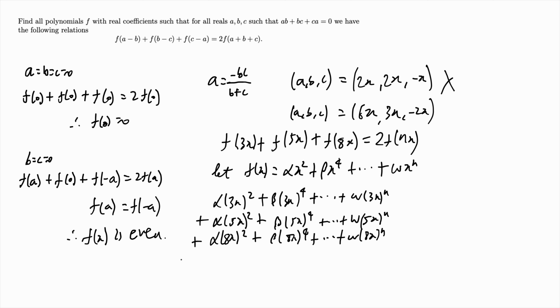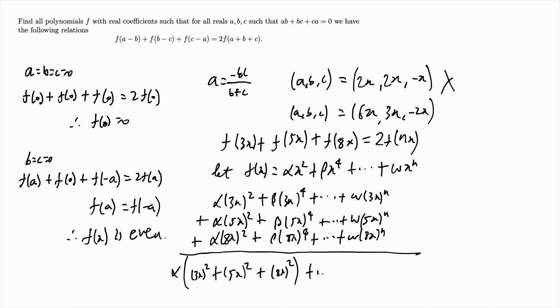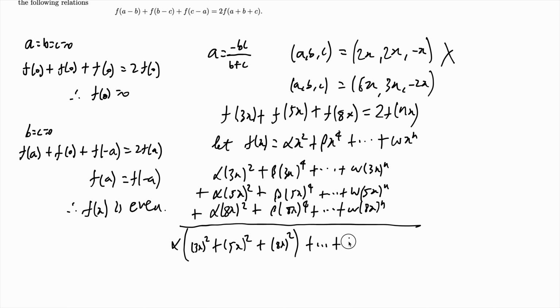When we add all of them, we get alpha times 3x, 5x, 8x squared, all the way until we have, and n of course is an even number.